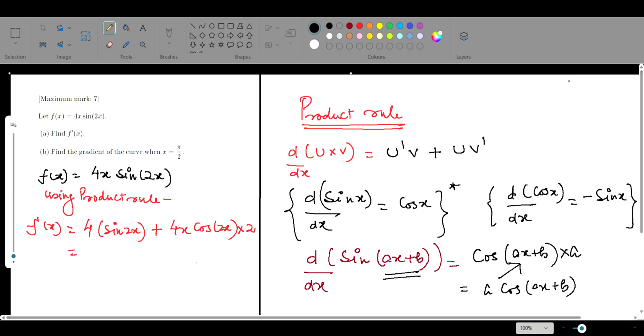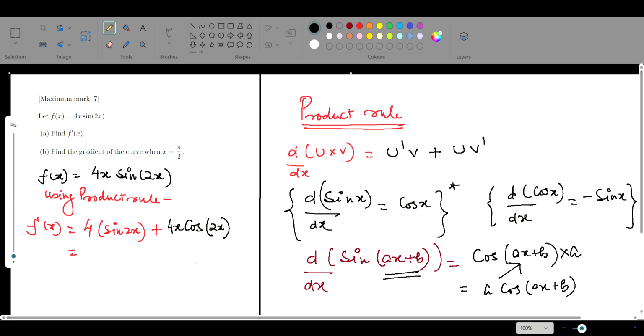If you see here, I did the same thing. I write the first function as it is, that is 4x, and I differentiate the sine function. What is the differentiation of sine function? It's cos. And in the place of x we have 2x, so I need to write the 2x here.